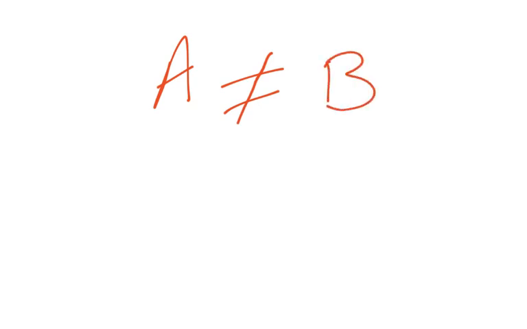Now, number 2, we say A is, and I don't know the best sign for this because it's not exactly cross out, but it is different. So we might say, they still fall in the same category.